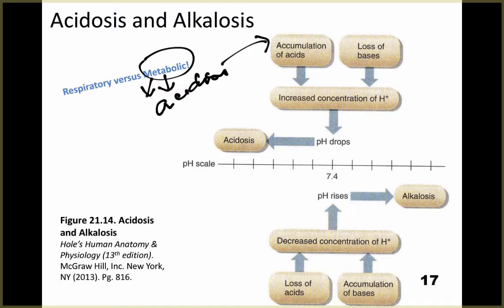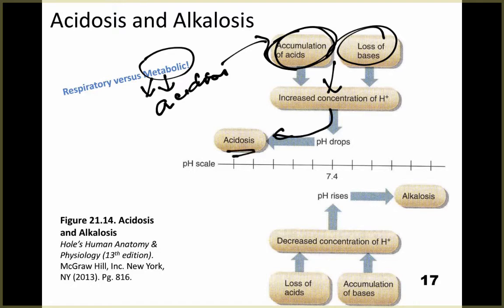You're breaking down a lot of molecules. Maybe you're running and you don't normally do that, and so you're making a lot of CO2. You could be making ketones if you're going into ketosis in some form, but essentially what's happening is you're building up acids and you're going into acidosis.